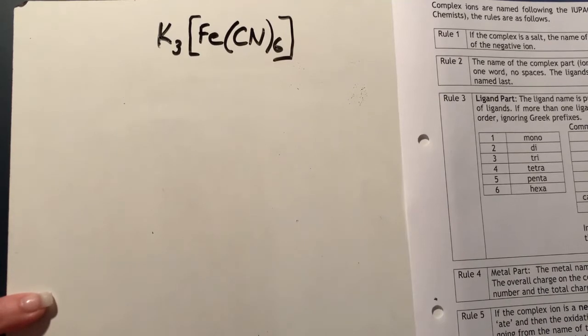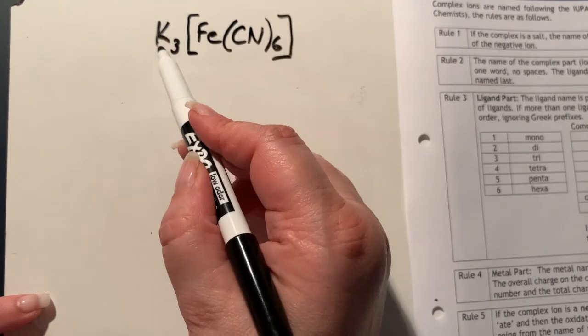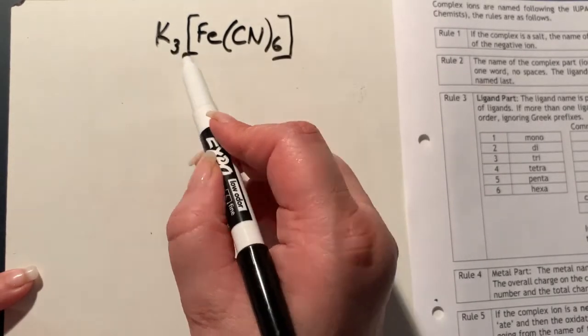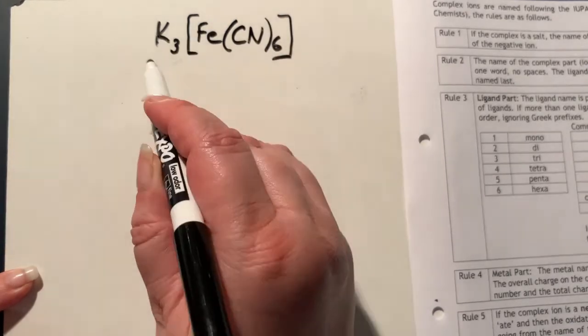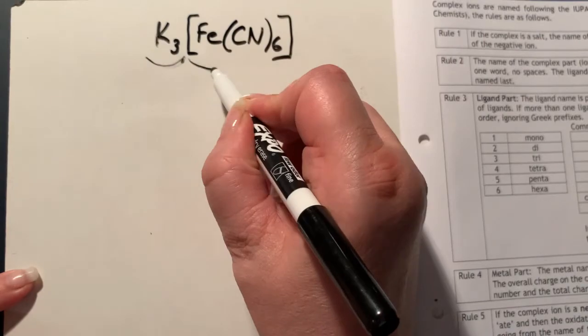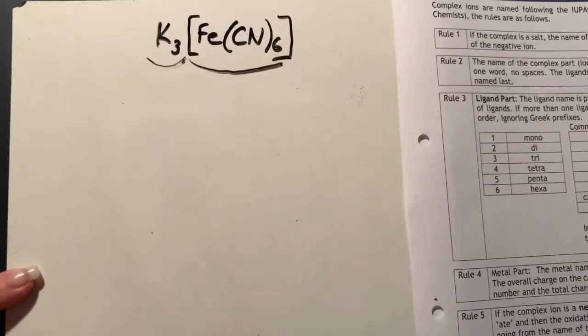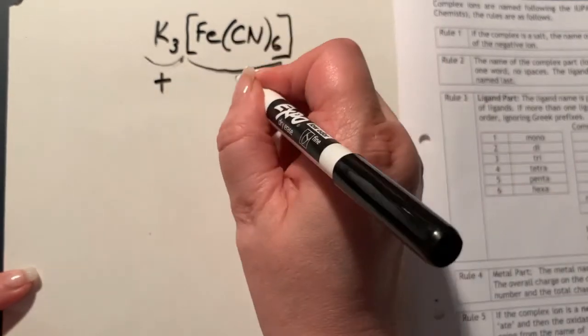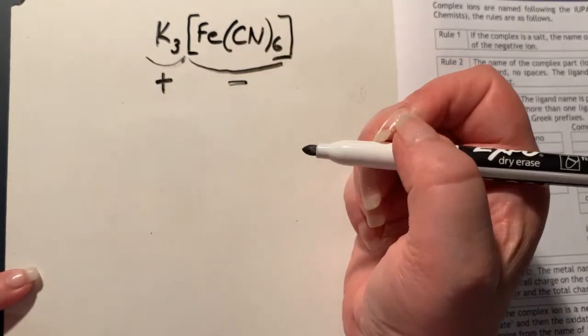So the very first thing I do is have a look purely at what's going on. So we've got potassium first, and the first part of this is just the potassium, and the second part of this is the complex. So I said previously that whatever's first is positive and whatever's second is negative.